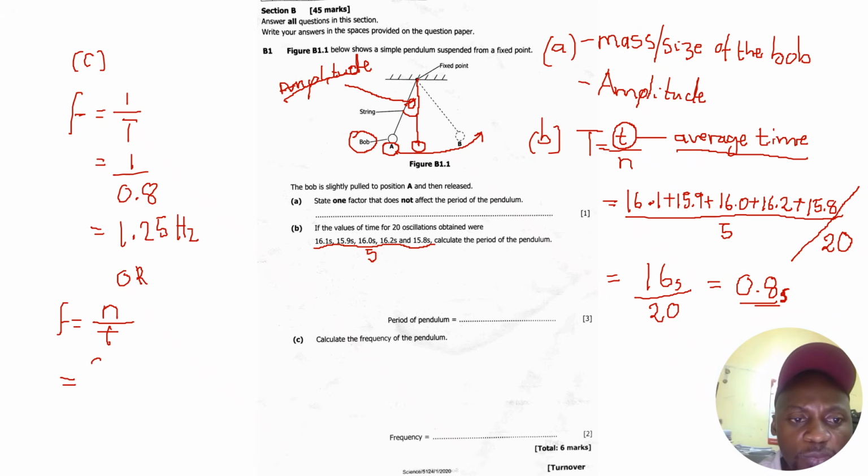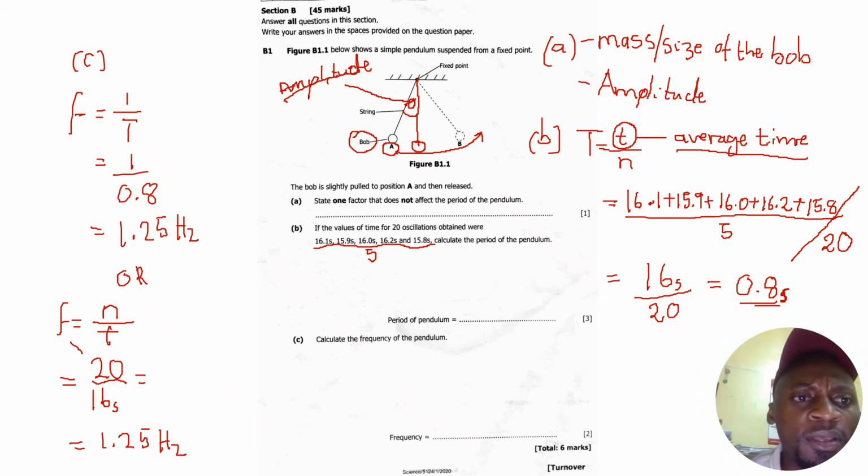So we are going to have 20 oscillations divided by time taken, and remember, we're using the average time taken, which is 16. So 20 divided by 16 still gives us 1.25 hertz.